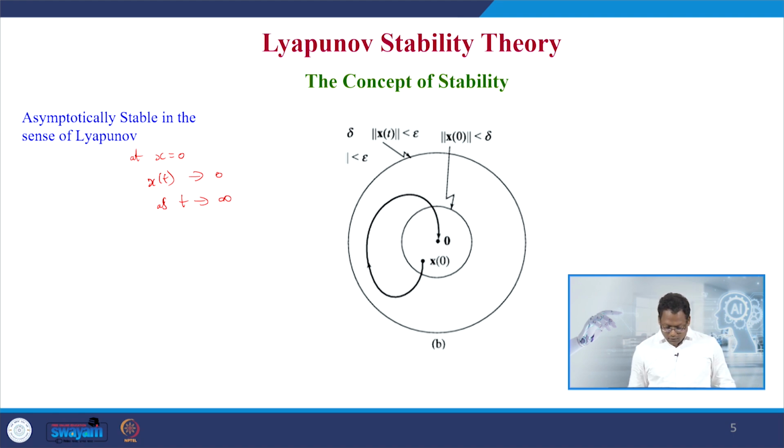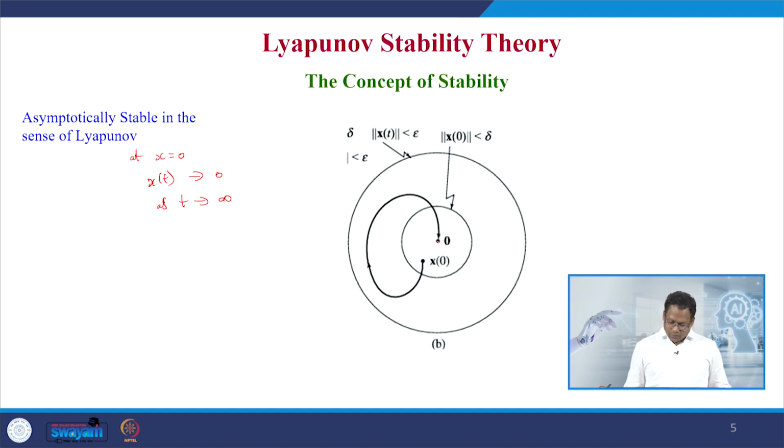If the system trajectory stays within the finite boundary limit of epsilon, then the system is stable.